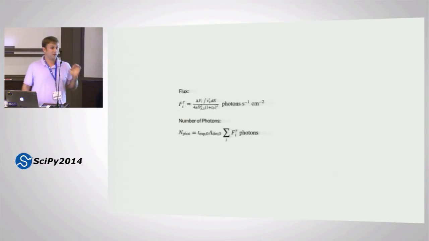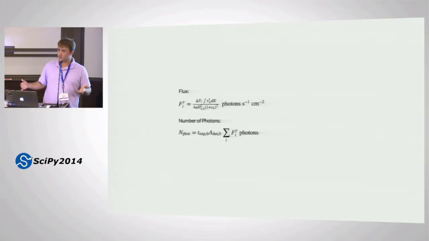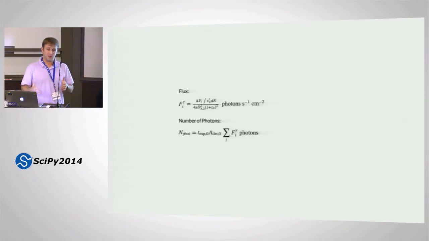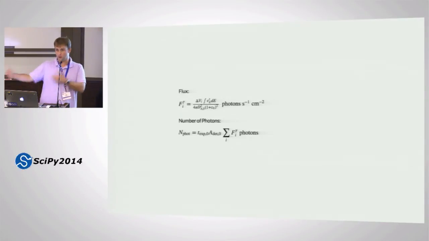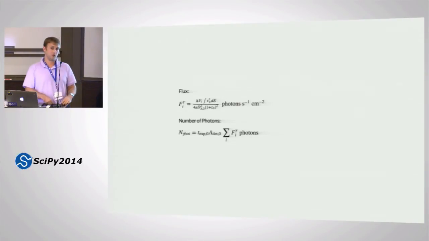And then we can define a flux of photons, and then a number of photons based on that flux that is going to be at least maybe an order of magnitude or two larger than the amount of photons we might actually get in the real observation. So this way, if we choose those numbers carefully, if we know what exposure time we're going to want, and we know what kind of instrument we're going to use, we can ensure in a very straightforward way to generate a large sample of photons in 3 dimensions.